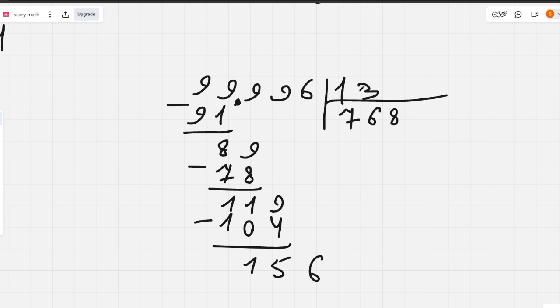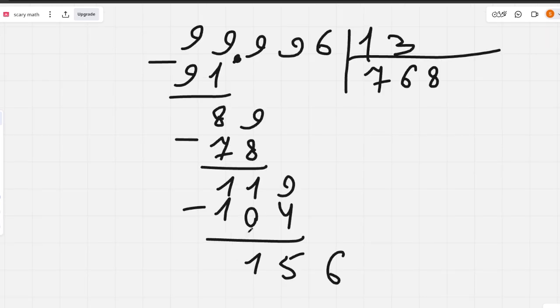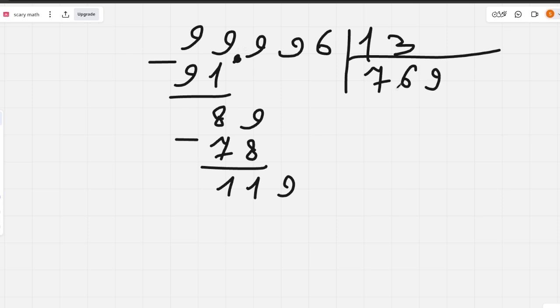It seems like I made a mishap somewhere. Here it's gonna be 9. 90 plus 27 is gonna be 117. You get 26, it's gonna be just 2 here.